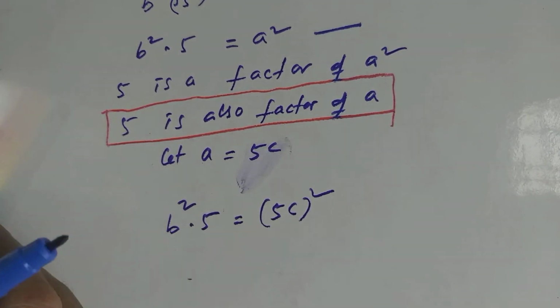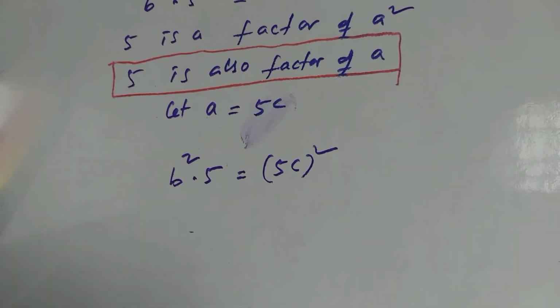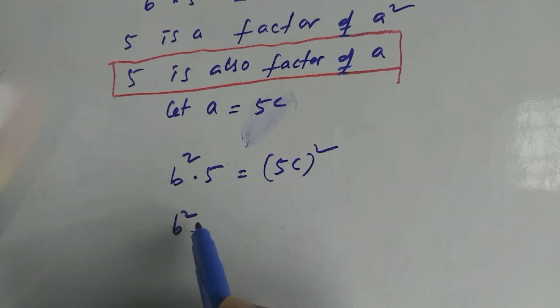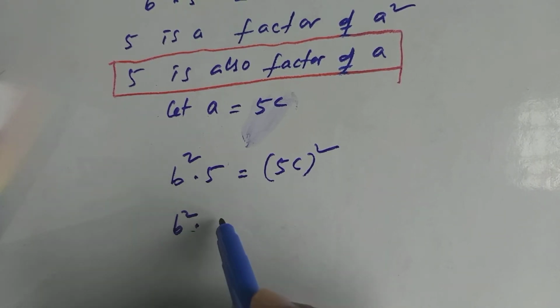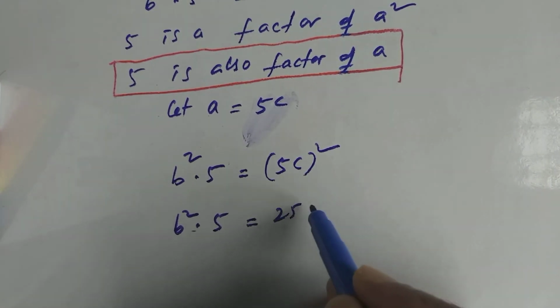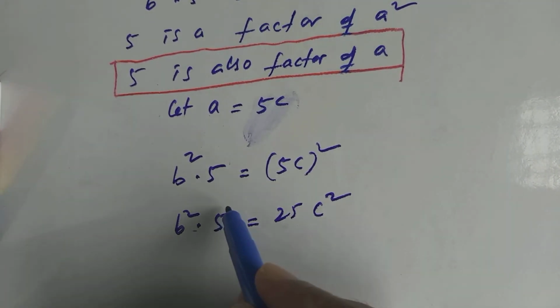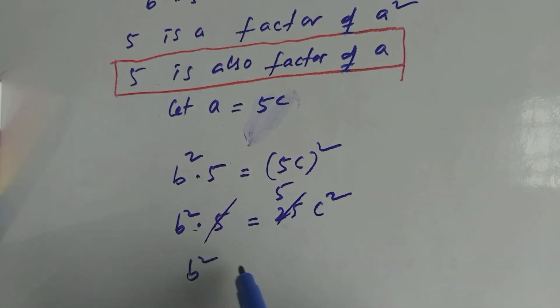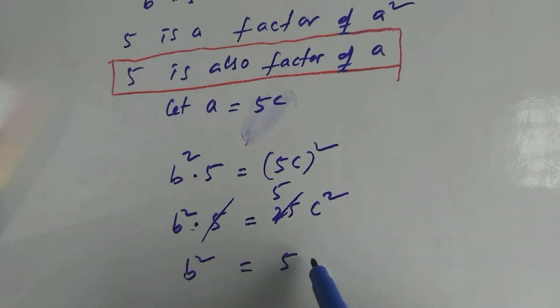Clear? Now b square into 5 is equal to 25 into c square. So we can cancel the 5 in 25, 5 times. So b square becomes 5 into c square.